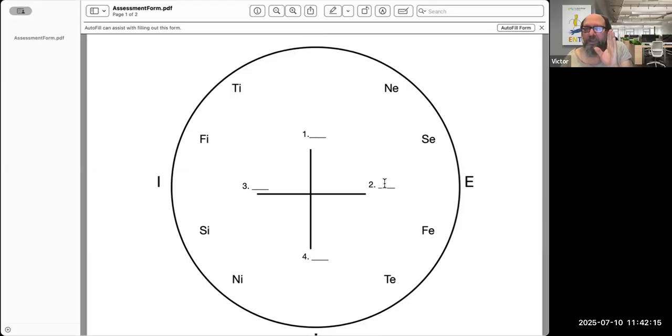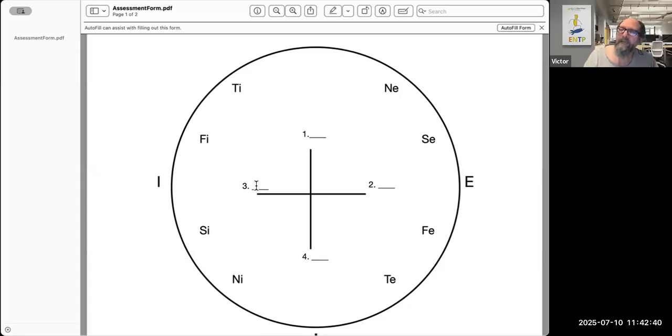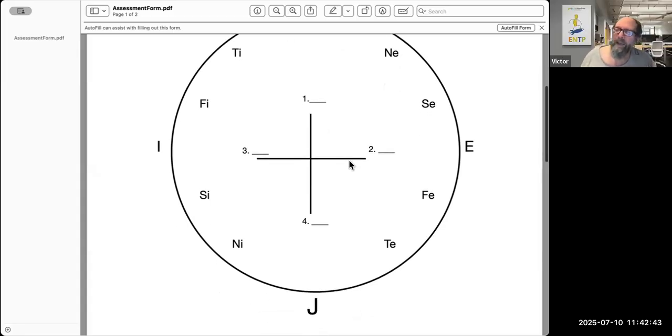The intuition is introverted, the feeling is extroverted. So the auxiliary position, number 2 here, has the introverted intuition. And so what's opposite? Extroverted sensation. Yeah, so there you would have the bipolar function, extroverted sensing.